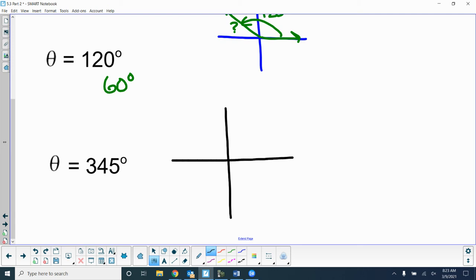All right, 345, 180, 270, 345 is over here. So how many degrees is in there? 15, right? 360 minus 345.